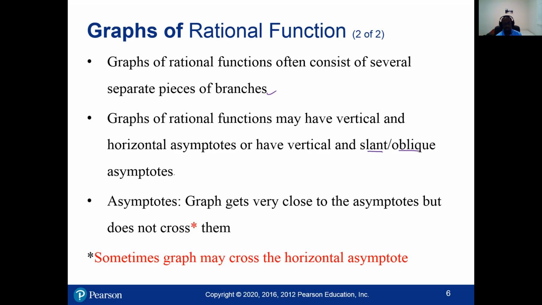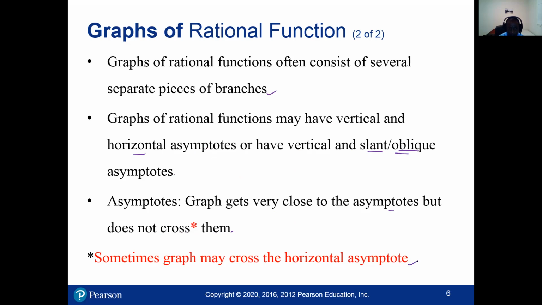There is no rational function whose graph has both horizontal and oblique, so it's either or. The graph gets very close to the asymptotes but does not cross them, generally speaking. However, sometimes the graph may cross the horizontal asymptote.